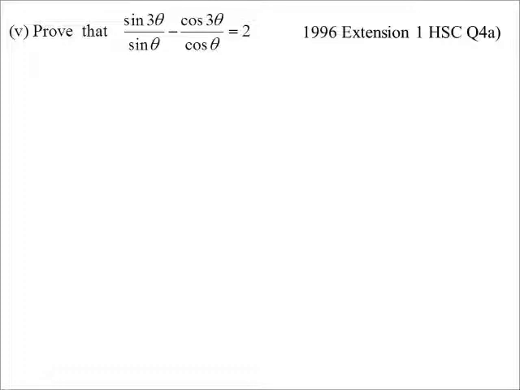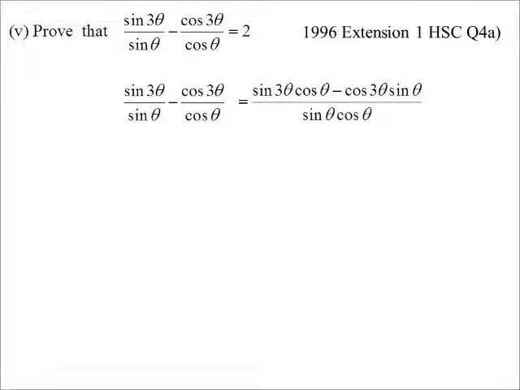Because if you actually just get the left hand side, treat it as an algebraic fraction, where the common denominator becomes sine theta cos theta, look what happens on the top. Sine cos minus cos sine. That would be sine 3 theta minus theta.